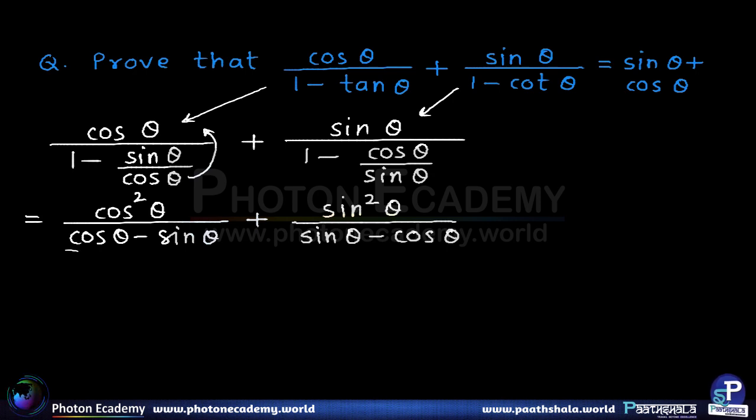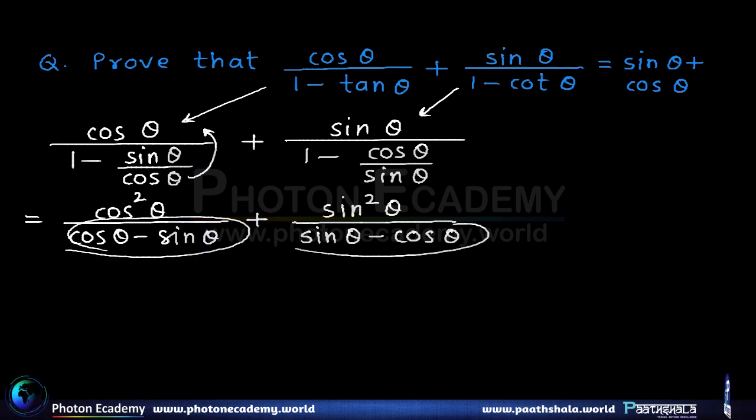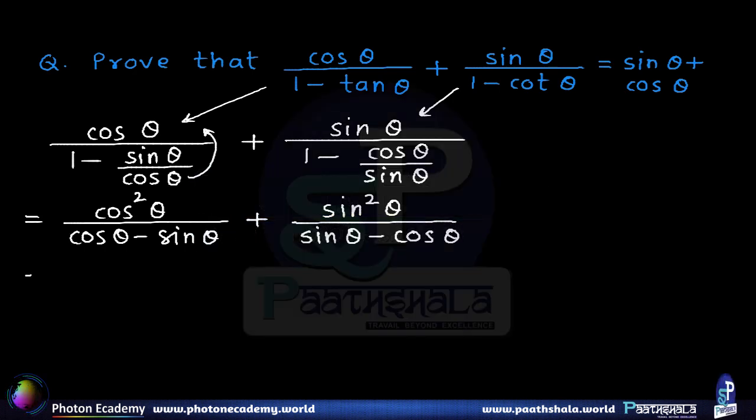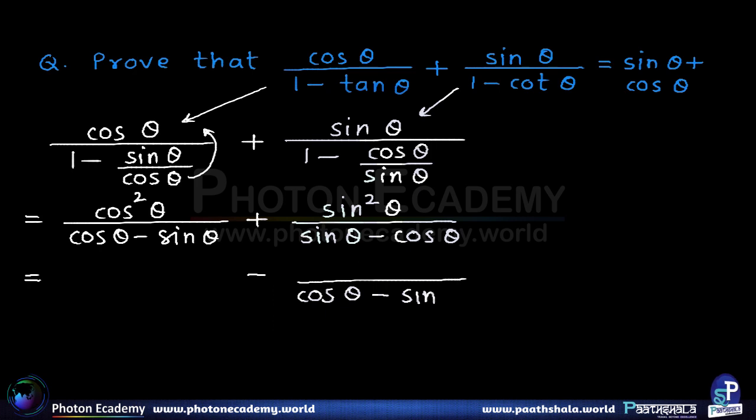Now if you observe both the denominators, we have cos theta minus sin theta and sin theta minus cos theta. So these two terms differ only by the sign. Changing the sign of the second term to negative, we can switch the denominator terms and write them as cos theta minus sin theta, and here we will have sin square theta.